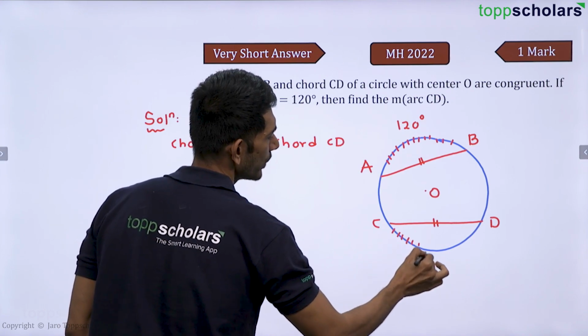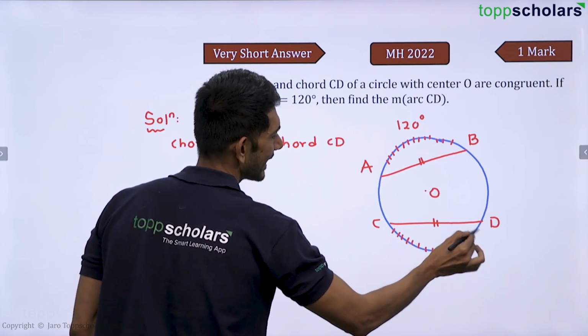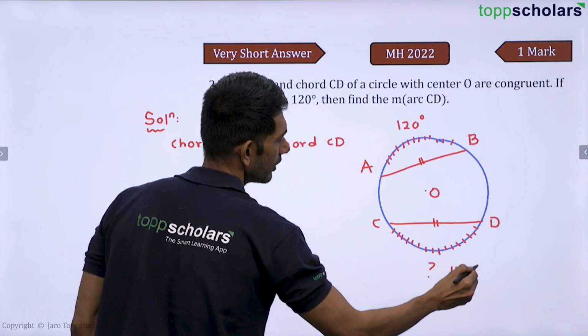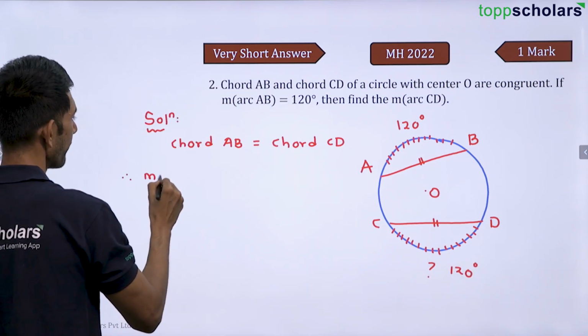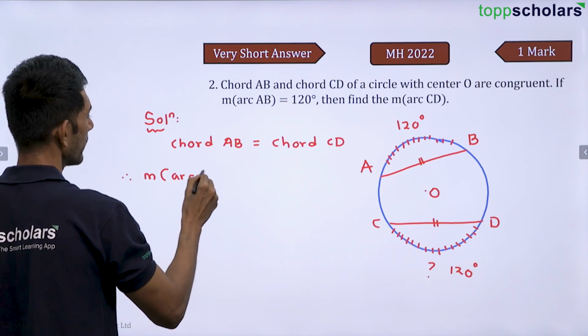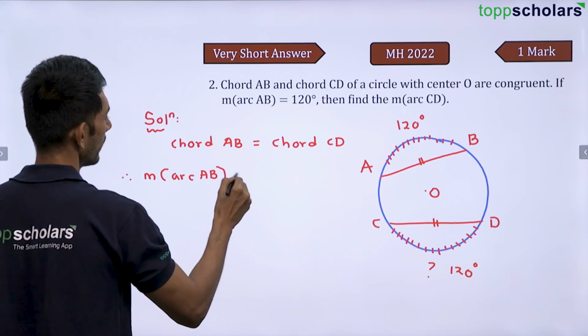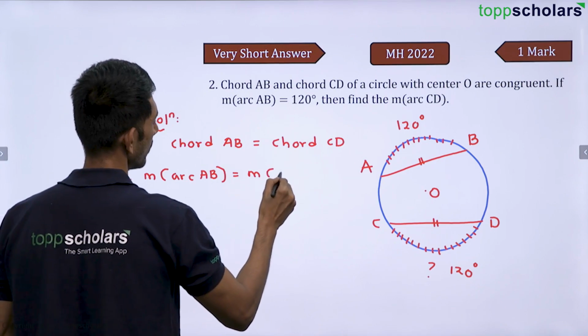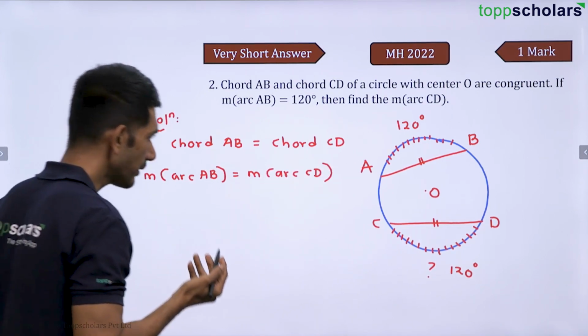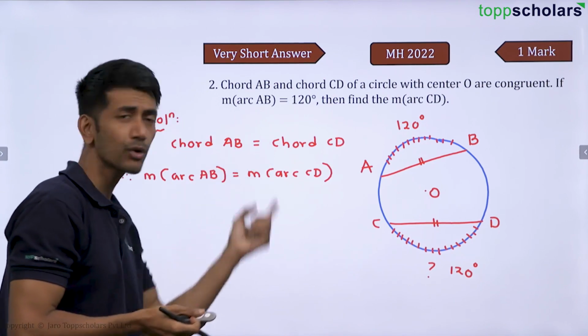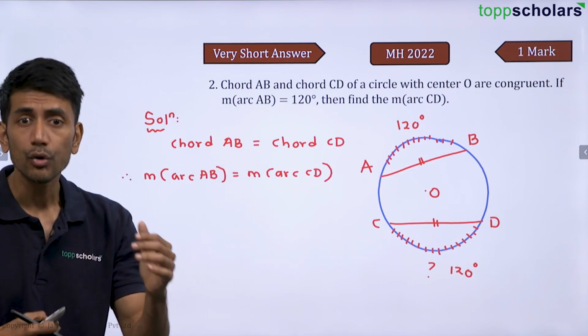Do we even have to do anything? No. Directly it is 120 degrees. We just need to present it correctly. Therefore, we will say measure of arc AB is equal to measure of arc CD. Why? Because we know that congruent chords subtend congruent arcs.